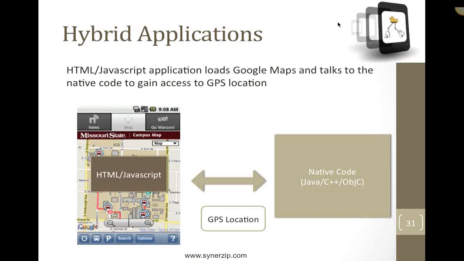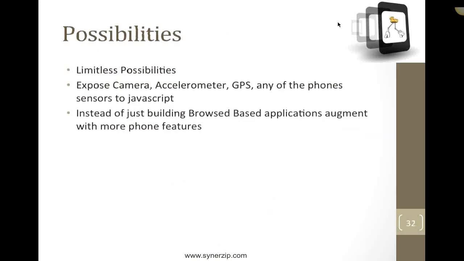So this is a combination of HTML JavaScript applications working in close conjunction with native code. With this, the possibilities are limitless. The reason I say this is because you can now expose all the native features of the device using JavaScript. So you can expose camera, accelerometer, GPS, or any other phone sensors.